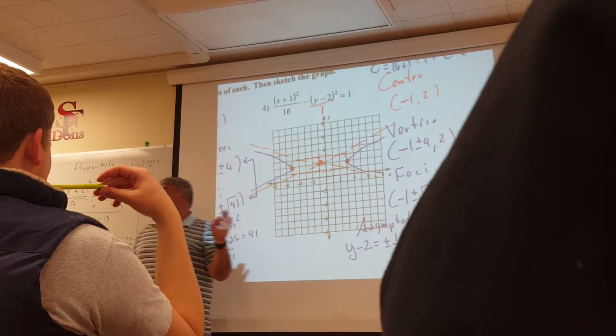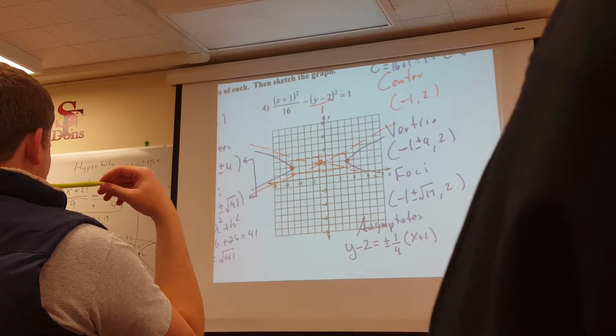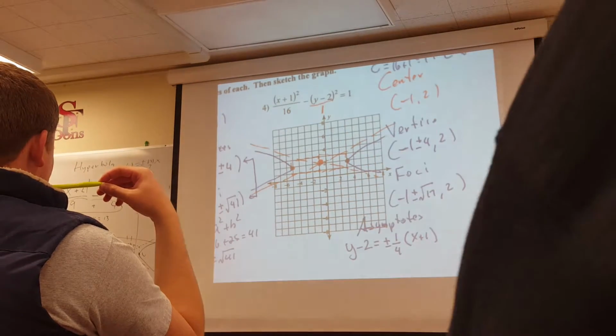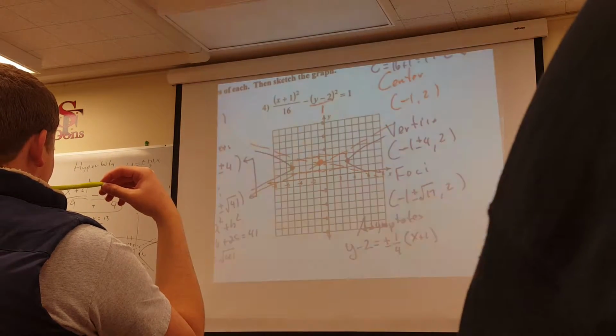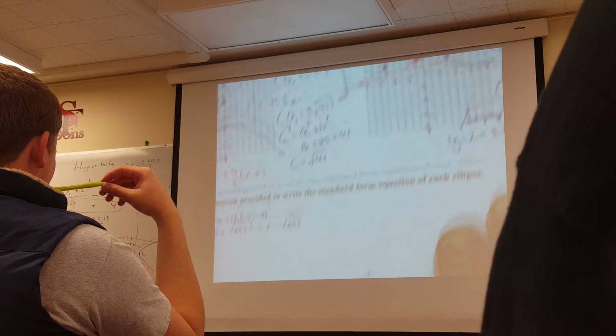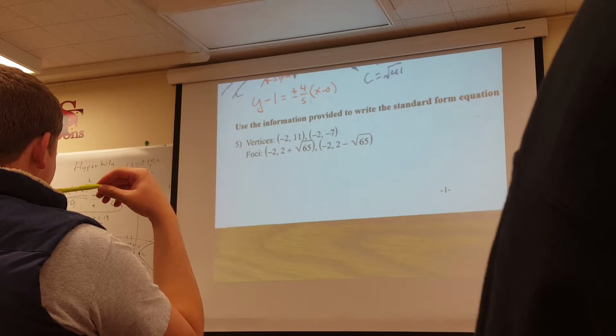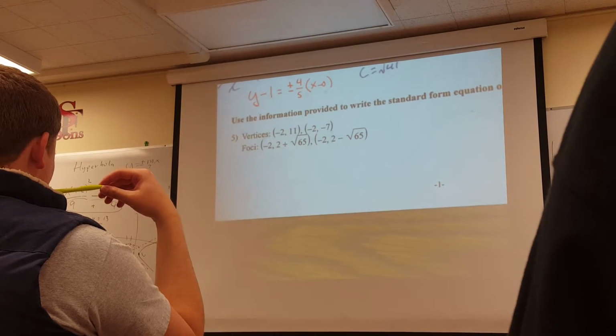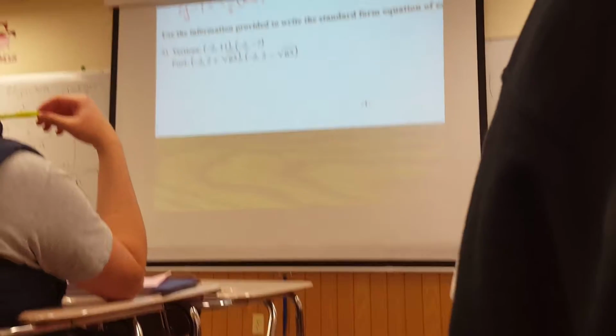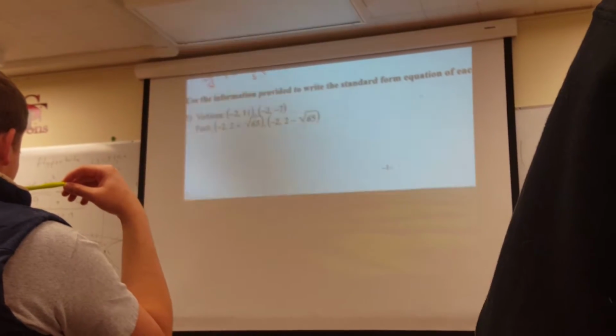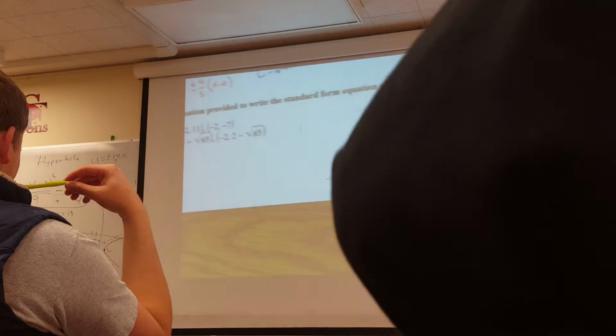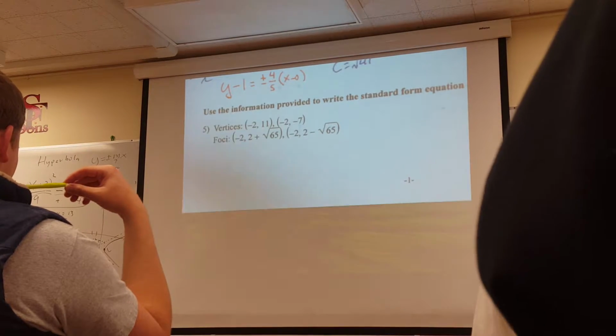So one of them could be like that. All right, now, you're going to be given a problem where they give you the vertices and foci, and then you write the equation of the ellipse, okay? And it tells you it's an ellipse.